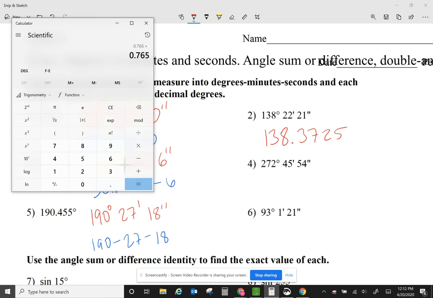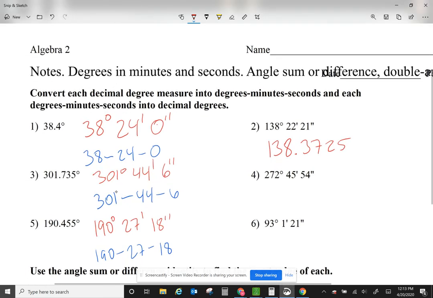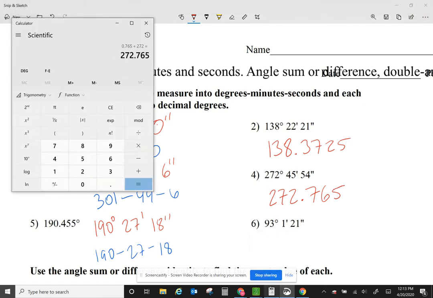I added it to 272, so it gives me 272.765. Once again, I'm not rounding to any decimal place.